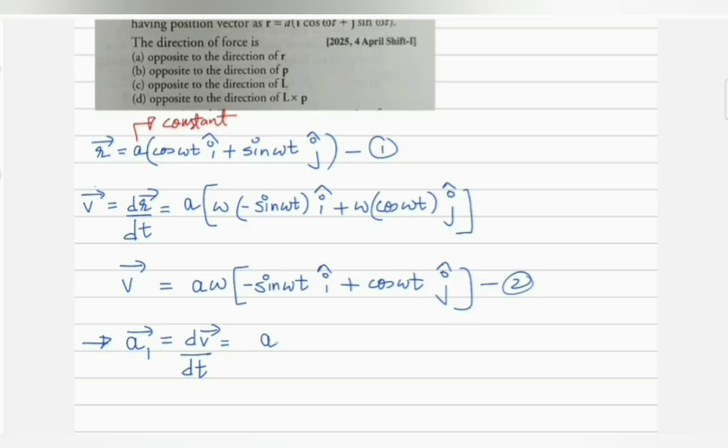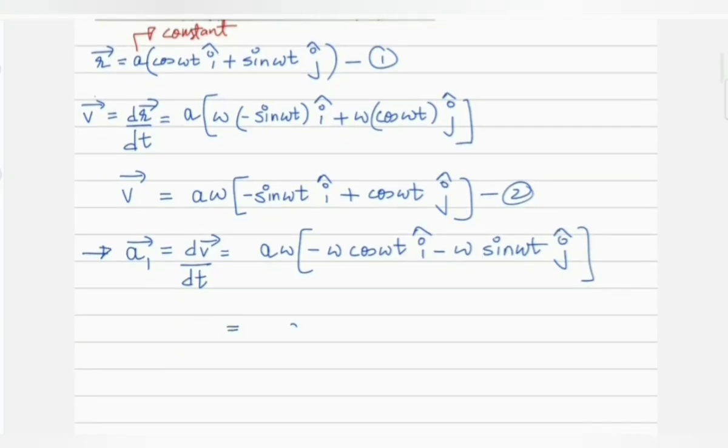Here A is a constant. What about omega? Constant, keep it outside the derivative. Now the derivative of minus sin omega t will be minus cos omega t multiplied by omega, i cap unit vector as it is. Then the derivative of cos omega t will be minus sin omega t multiplied by omega, unit vector j cap as it is.